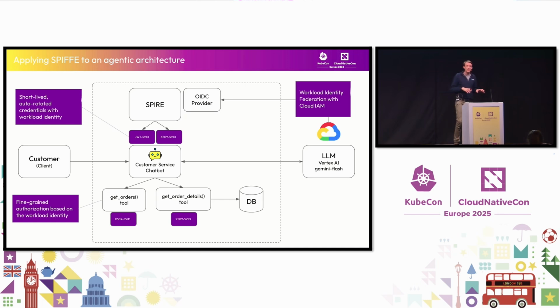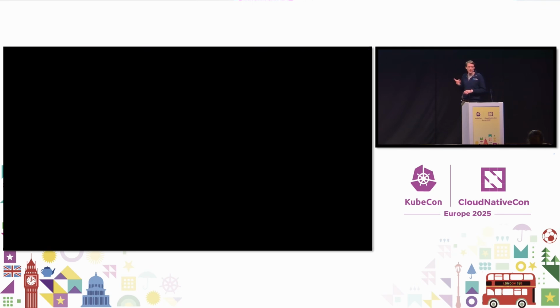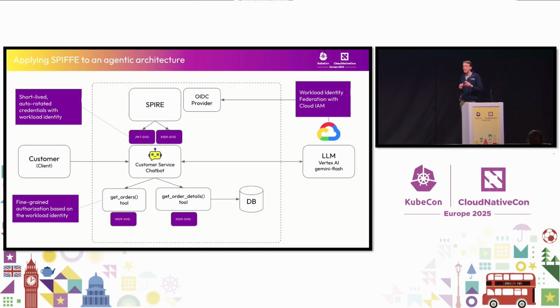We can give each of the different components in our system a SPIFFE identity, including the agent and including the tools. And so now what we've got are unique identities. They're given to them as they're provisioned in the system. We can scale them, of course, and we've got the ID encoded in that credential.